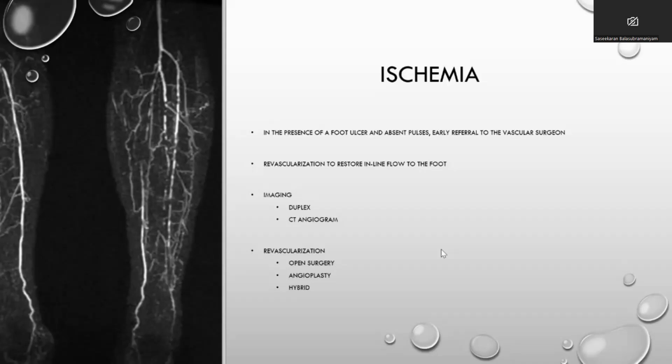So in that case, you better wait for a CT angiogram. Again, if the block or the stenosis is at a higher level beyond the inguinal region, the duplex is not that great. So for the inflow, you might need to get the CT angiogram.